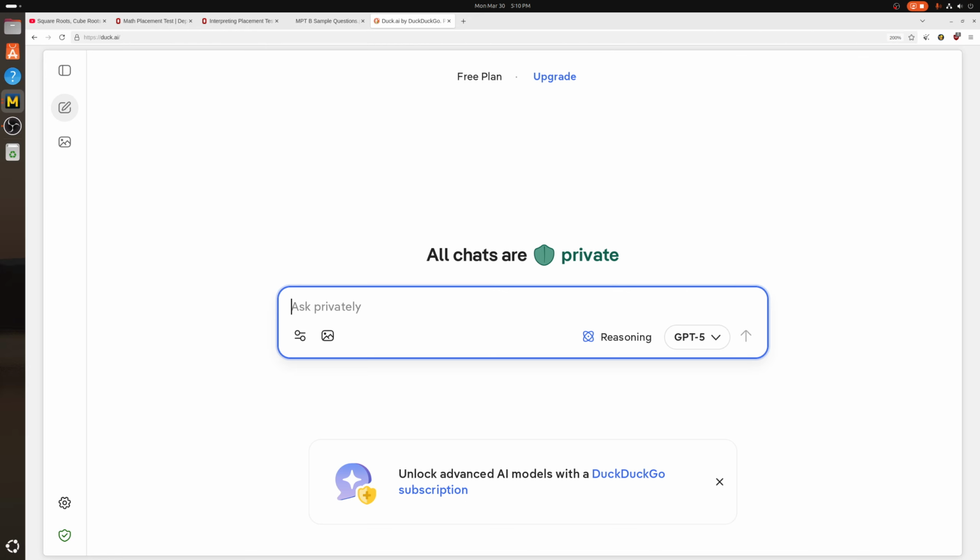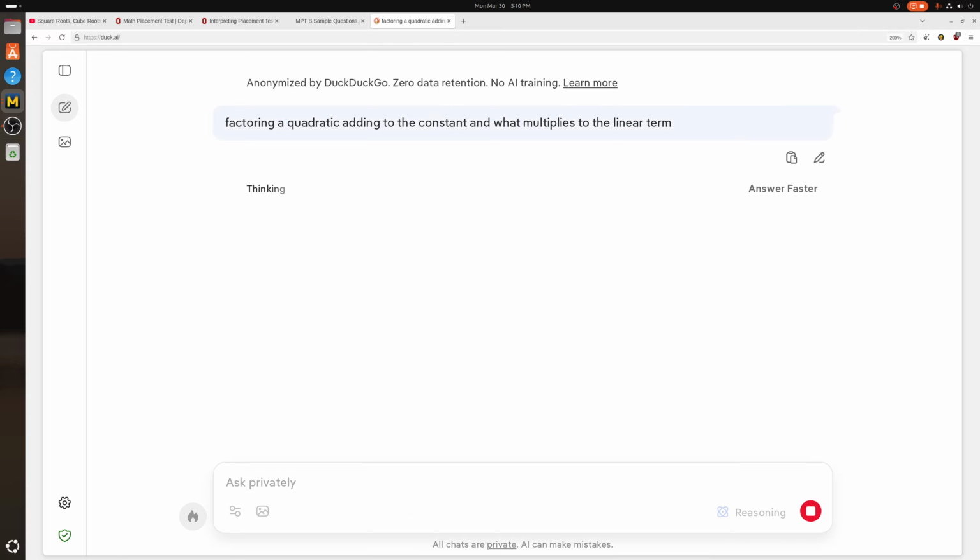I'm not putting it in Duck AI. Fuck you. Factoring a quadratic, adding to the constant, and what multiplies to the linear term.